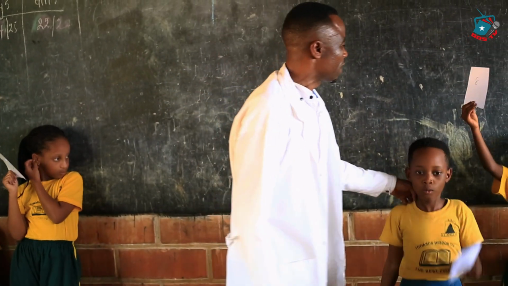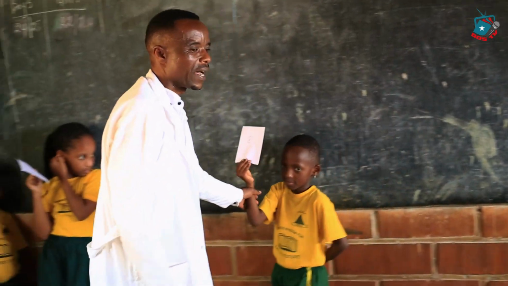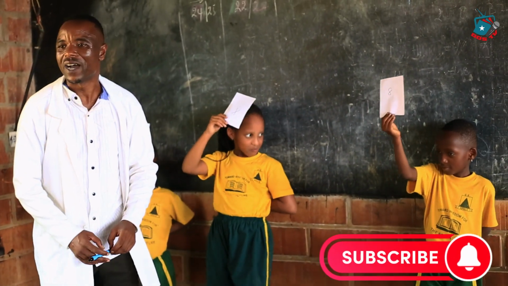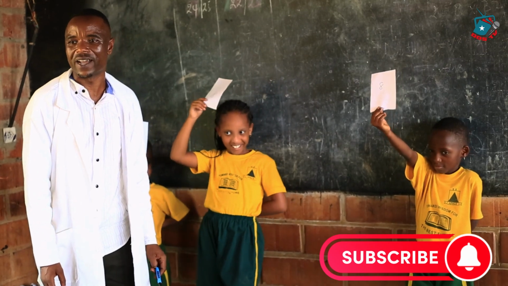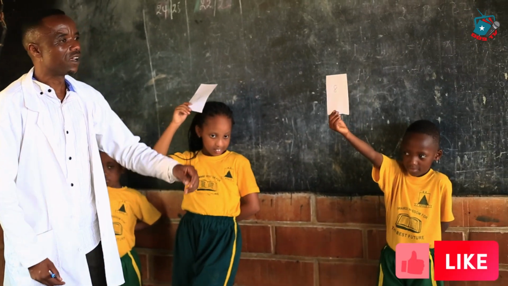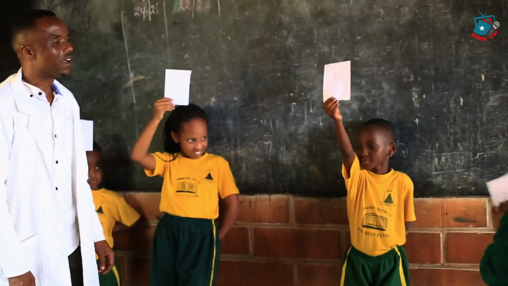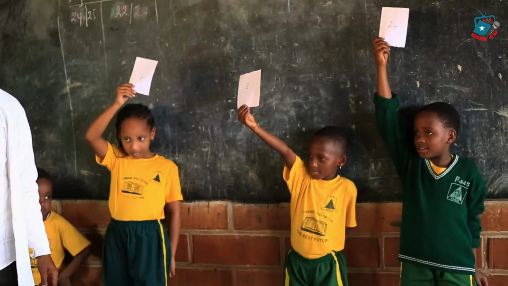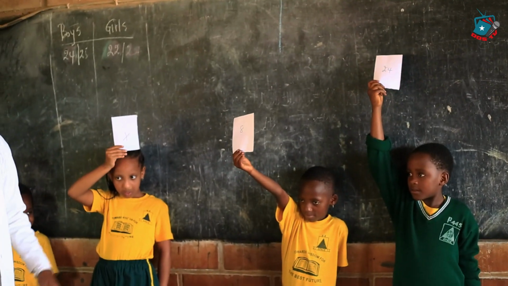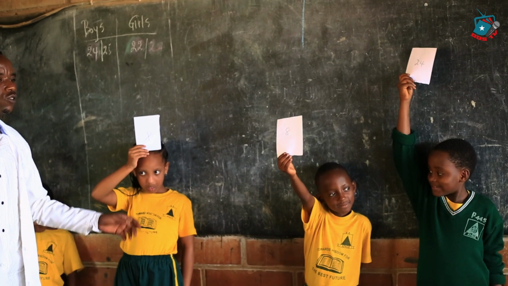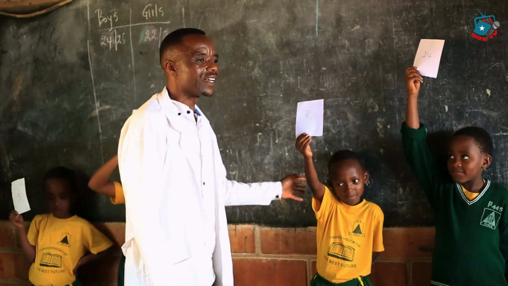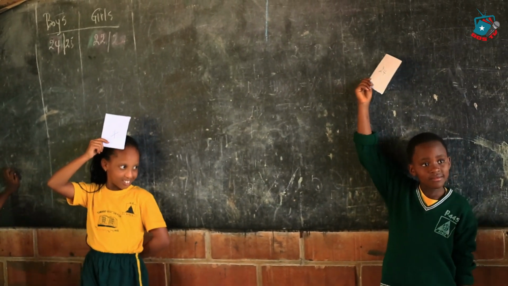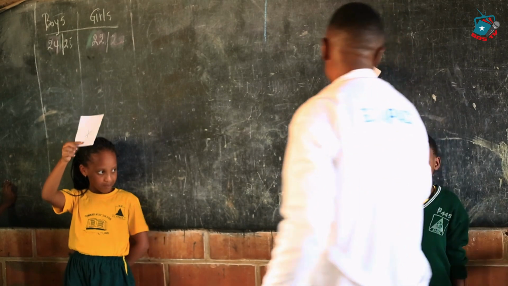Number 8. Come here please. 3 times 8 equals how many? Who has the answer there? Show us the answer. 3 times 8 equals 24. Okay. Number 9.